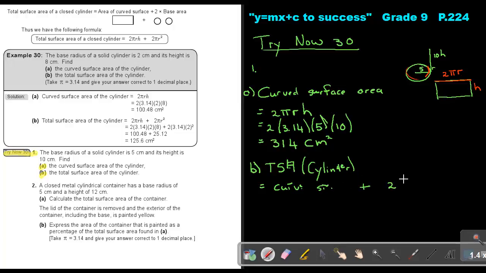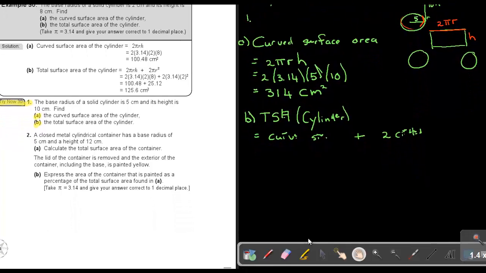Now 2 bases, or actually 2 circles, one for the top and one for the bottom. You already worked this out, so don't work it out again. You can just substitute it.